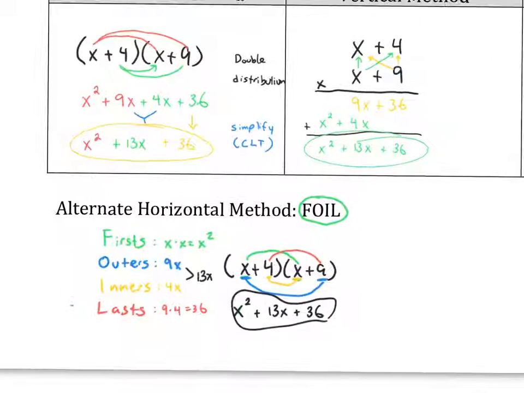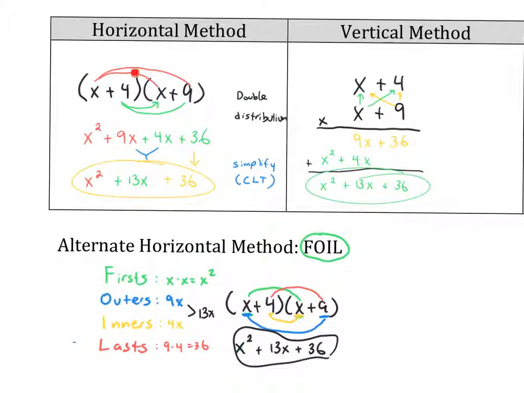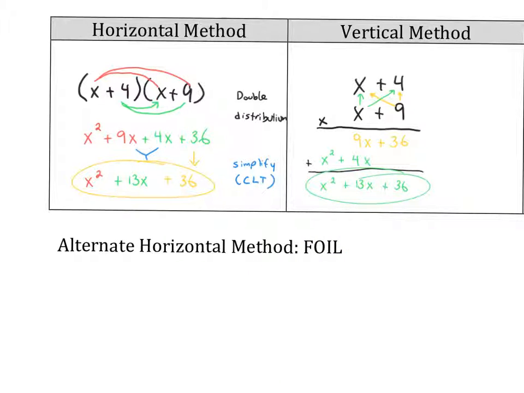Notice up here, this is just a little bit less confusing, feels a little bit more organized than this. So it actually doesn't matter how you draw your little arcs, just in the end, firsts, outers, inners, lasts. Some people will refer to it as FOIL. I will tend to teach it as a double distribution here. So I'm going to turn the page.